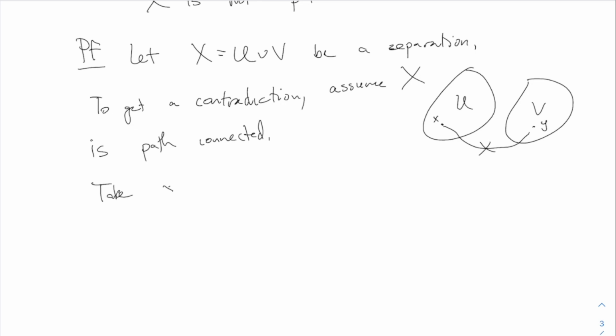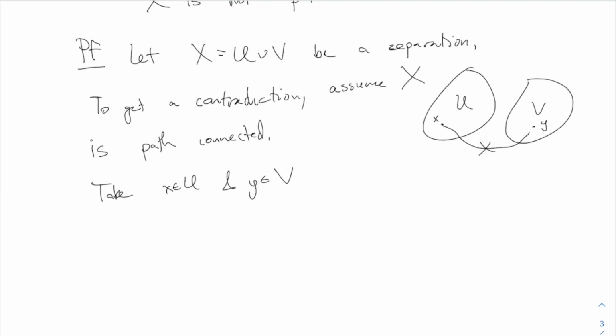And that means I can take x in U and y in V. This is possible because U and V are both not empty. That's what I meant to say. Because they make a separation, the sets in a separation cannot be empty.